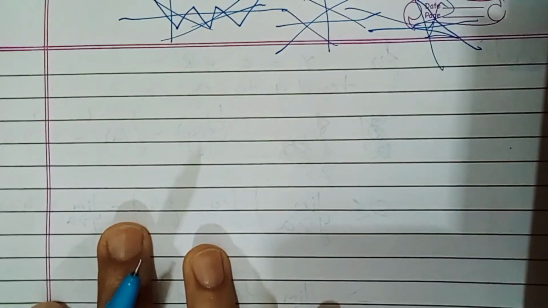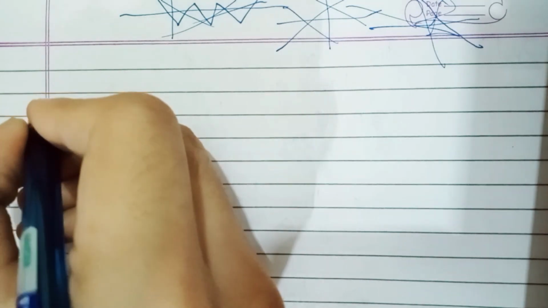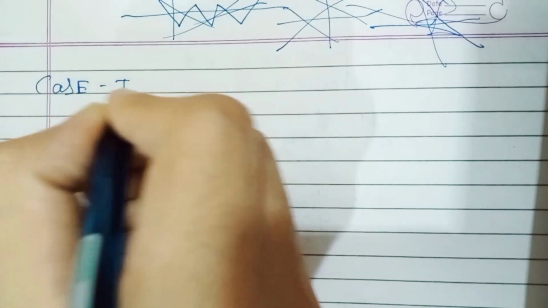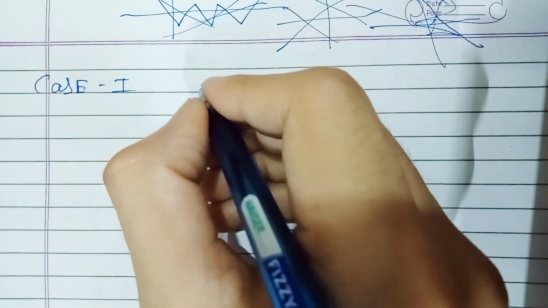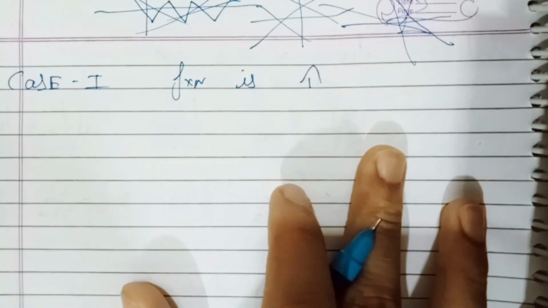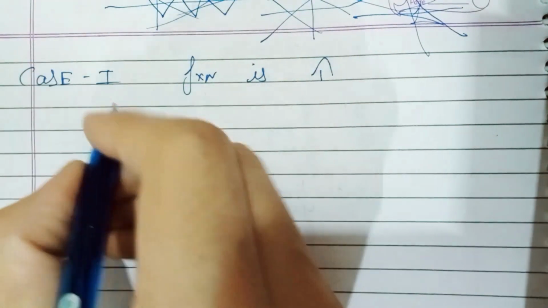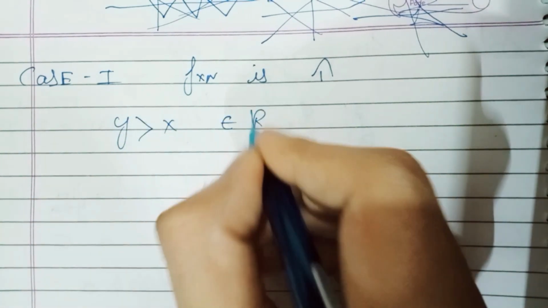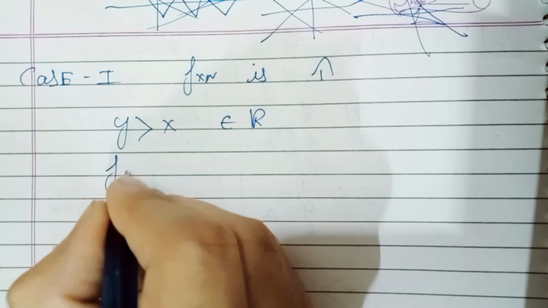So we'll take case 1, that the function is increasing. In this case, we take y greater than x, both belonging to real numbers, and we have |f(y) minus f(x)| equals 2|y minus x|.